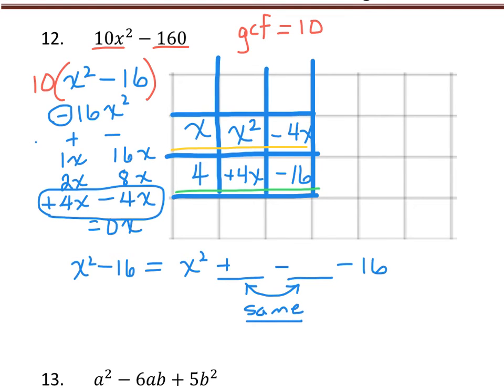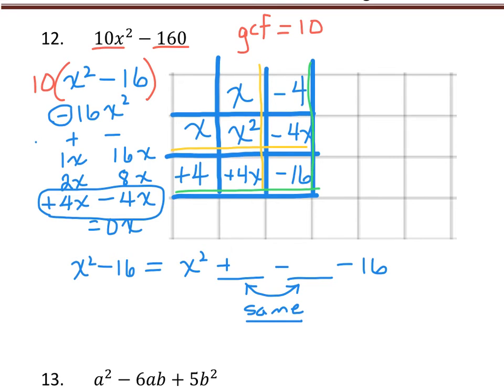And then greatest common factor in your first column is going to again be x. And in your second column is going to be negative 4, which tells us this 4 had to be the positive 4.